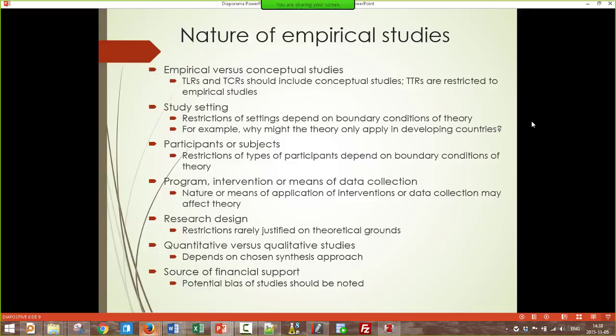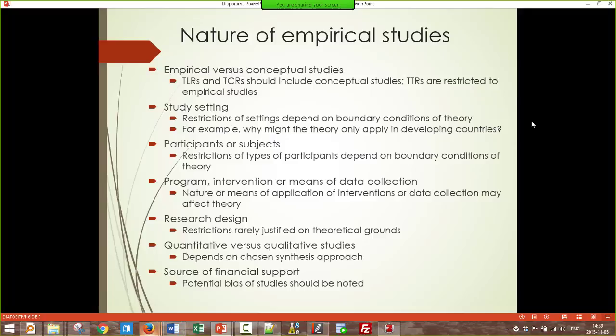As I said, I don't know off the bat why human factors and project management would be different between developing countries and developed countries. Maybe they are. And so, Sean, you have to explicate that, but you need to be really careful. And even if, let's assume that you do have a strong argument why this only applies in developing countries, well, you should probably include developed countries in your search as well.